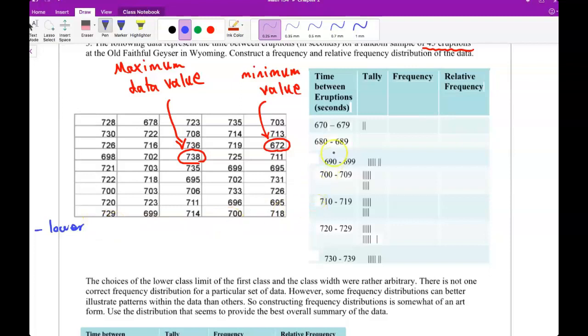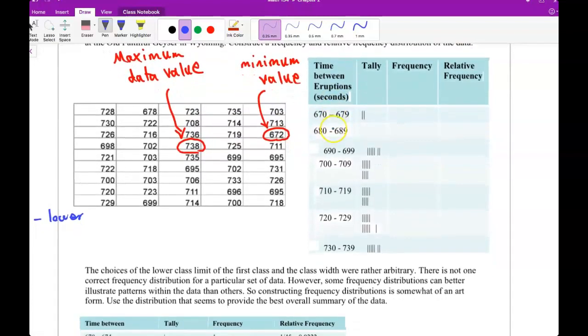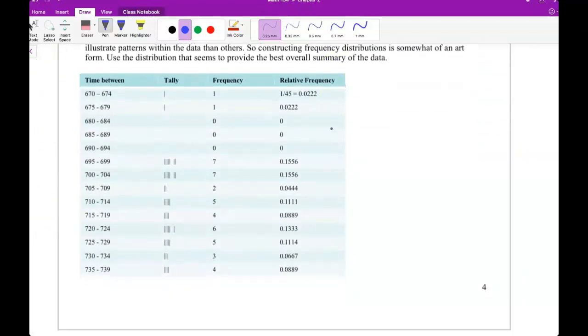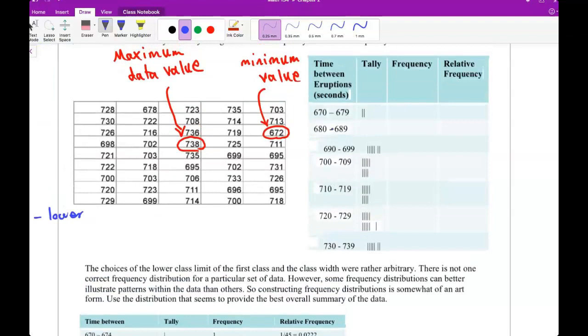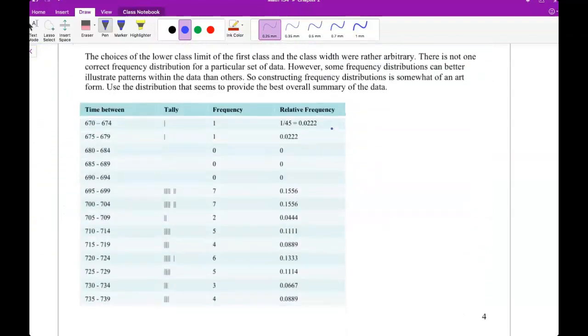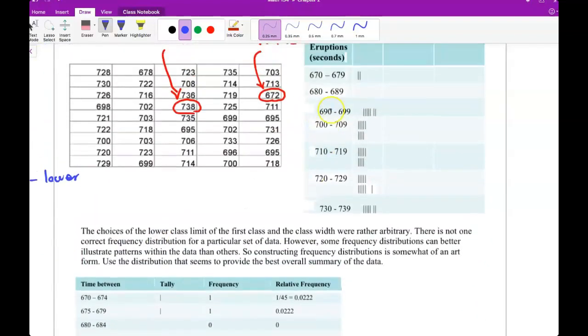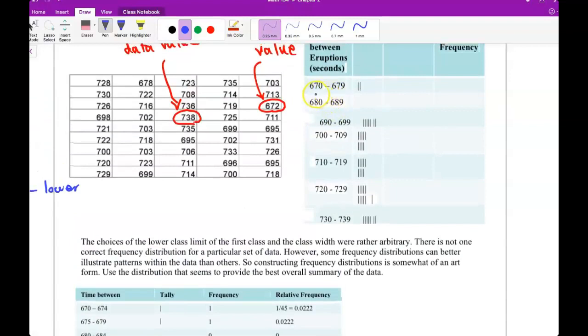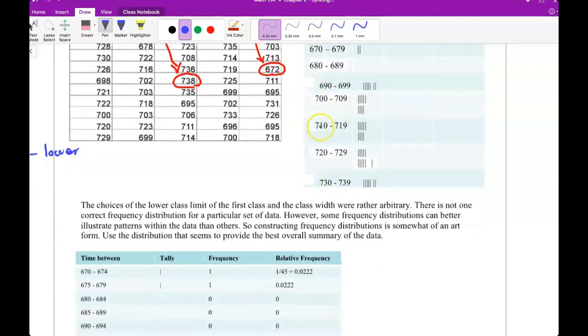So what that means is you can choose a different class width to have different classes here. For example, here the class width is 10, so we have 7 classes in total.